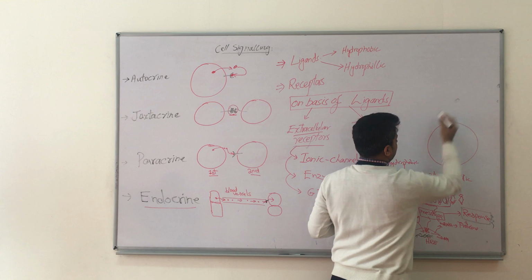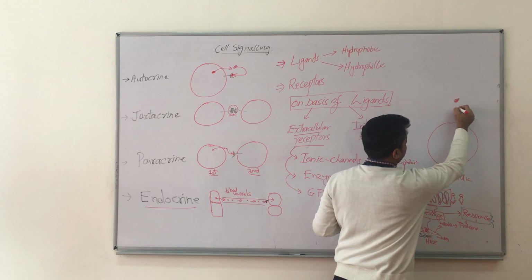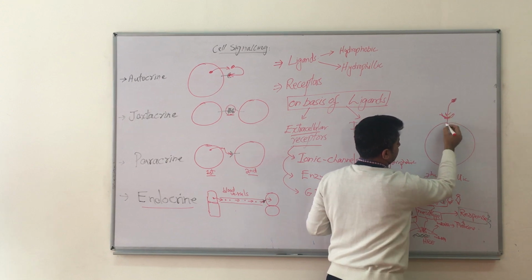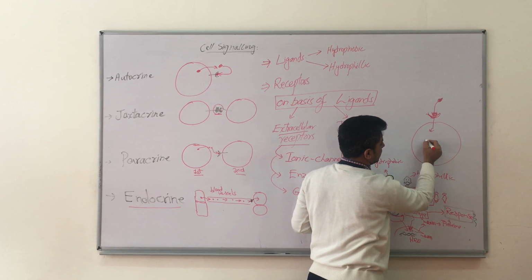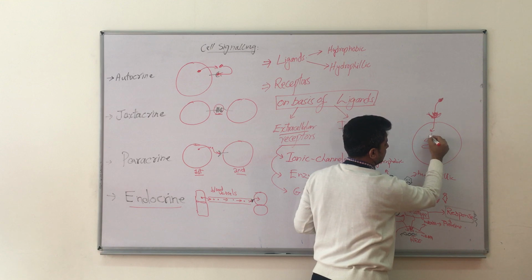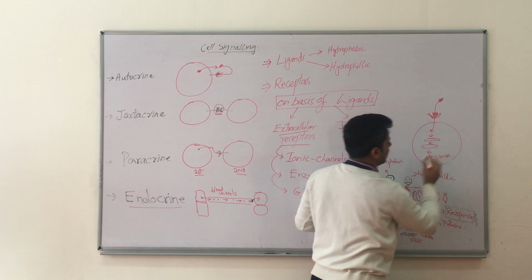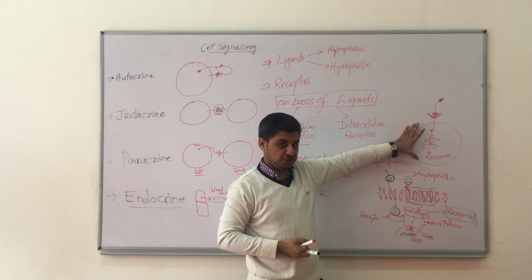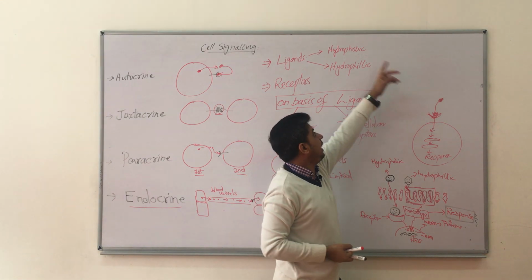Here we have a ligand, here we have a receptor, it is being attached to the receptor, then the signal is coming. Here we have proteins, and here we have the response.